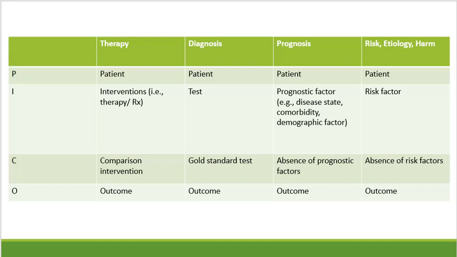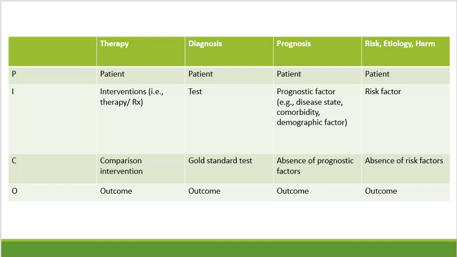Here's just another table presenting the PICO per the different purposes or functions that we serve in healthcare. Therapy, diagnosis, prognosis, patients are interested in that a lot of times.